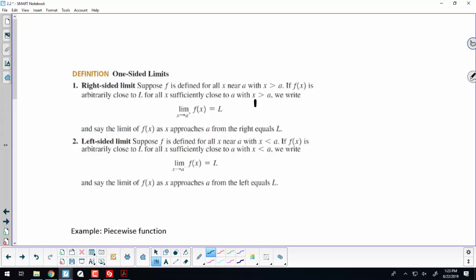But I'll rewrite it. This is the limit as x approaches a, and we have this positive, a plus superscript attached to a.